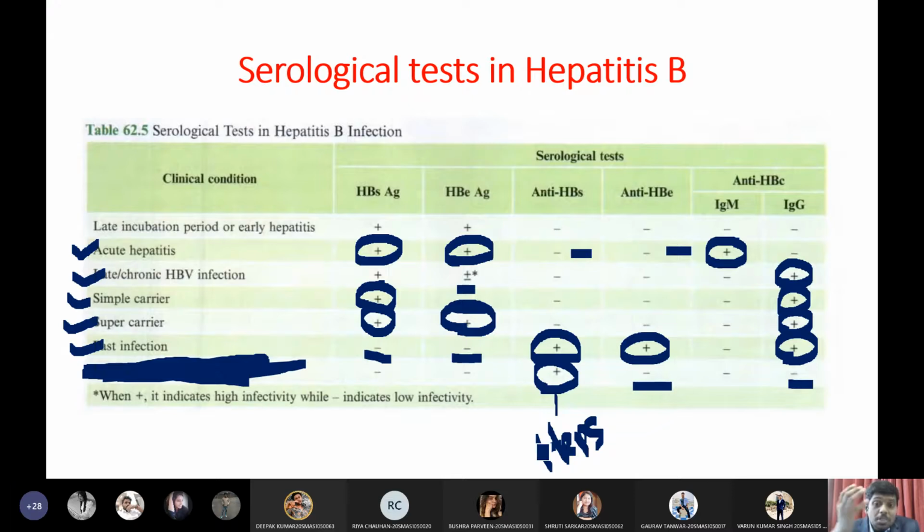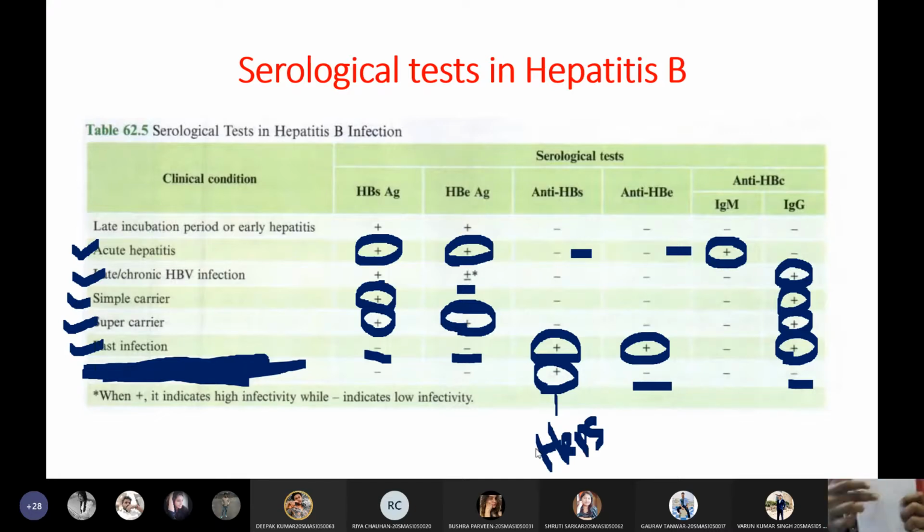So how did we come to know all these markers? We came to know these markers by rapid test. In the rapid hepatitis test, we go with detection of these antigens in the body. It is a simple paper. I will show you here. The rapid test for hepatitis will be like this.